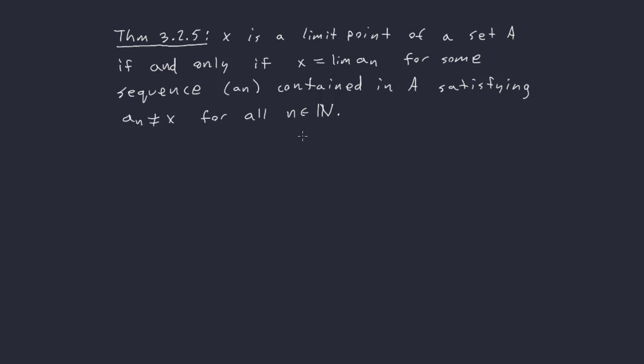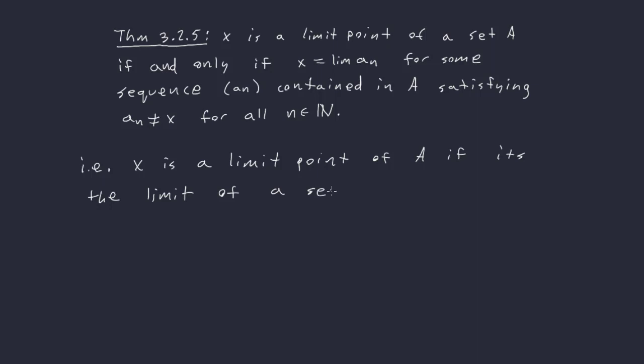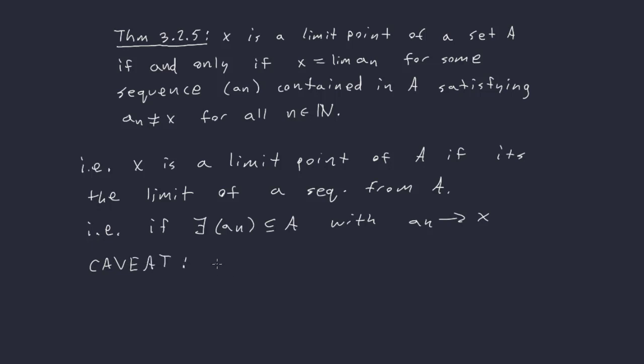So in other words, x is a limit point of a set A if it's the limit of a sequence from A. That is, if there exists a sequence a_n contained in A with a_n converging to x, with the caveat that a_n cannot equal x for all n in the naturals.